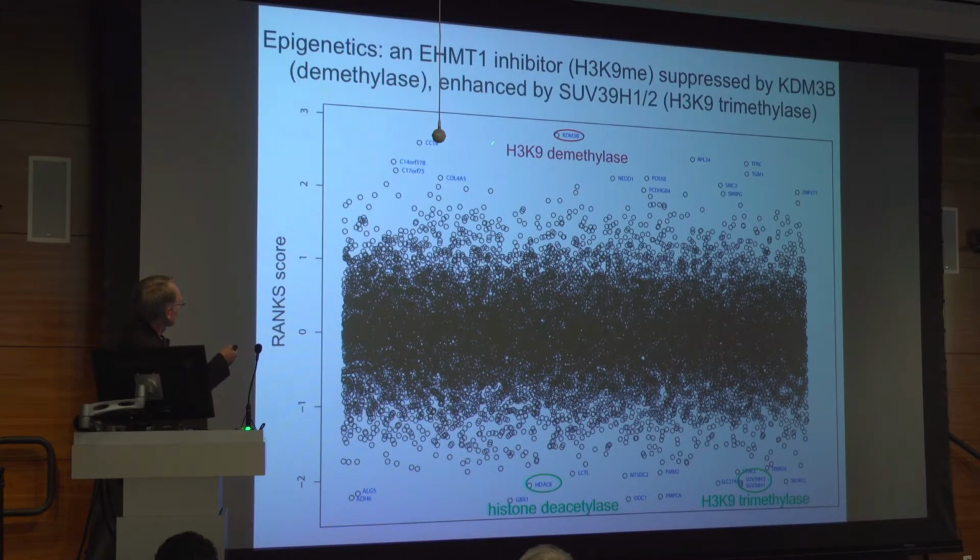So this top hit here is the demethylase. So you suppress the loss of the methylase by deleting the demethylase, and conversely, here's a H3K9 trimethylase. When you take that out, the cells become even more sensitive. So you've eliminated one of the pathways that buffers against this compound.